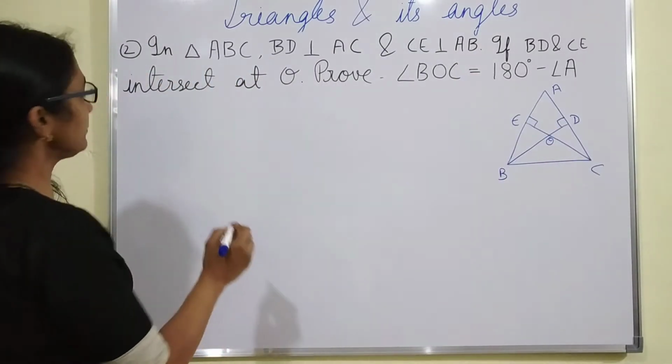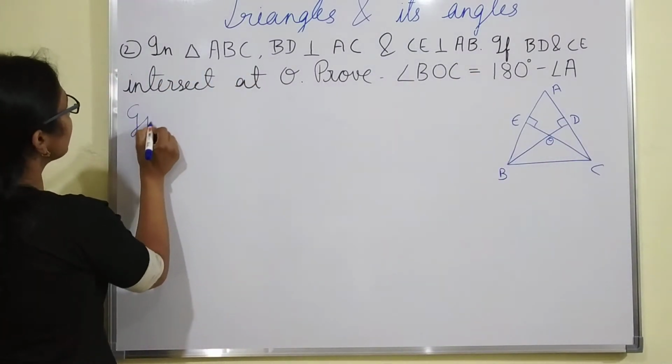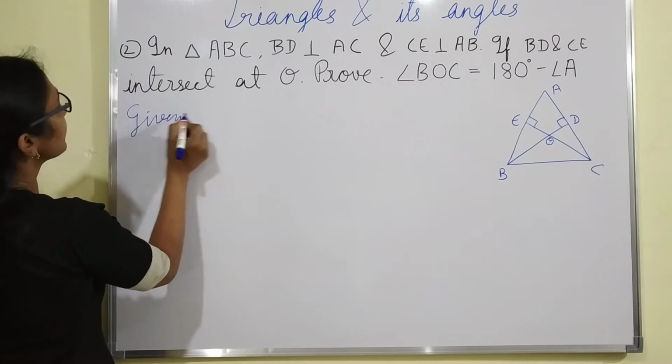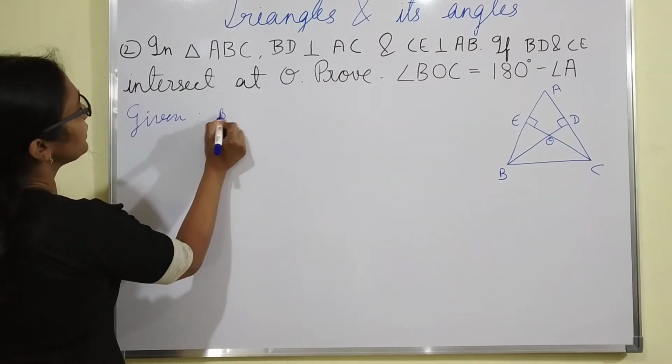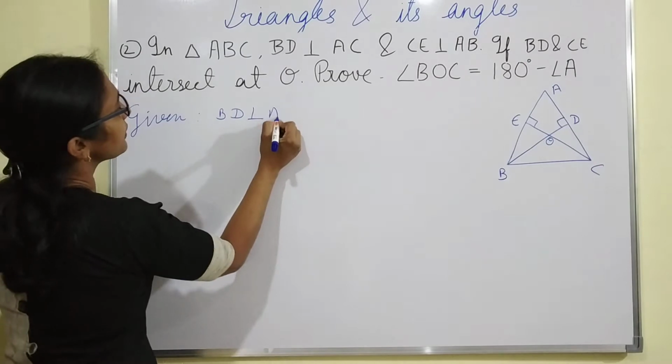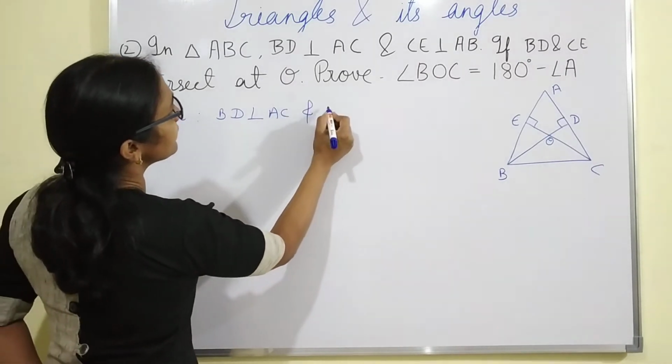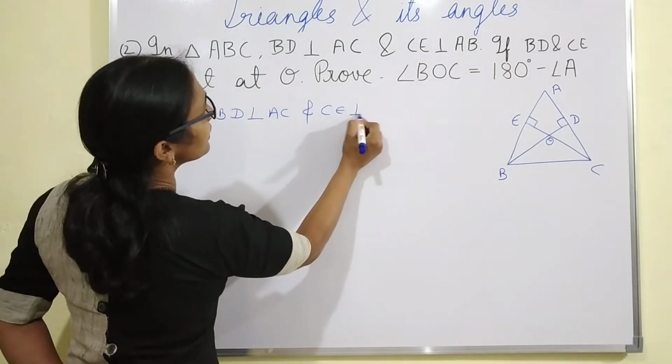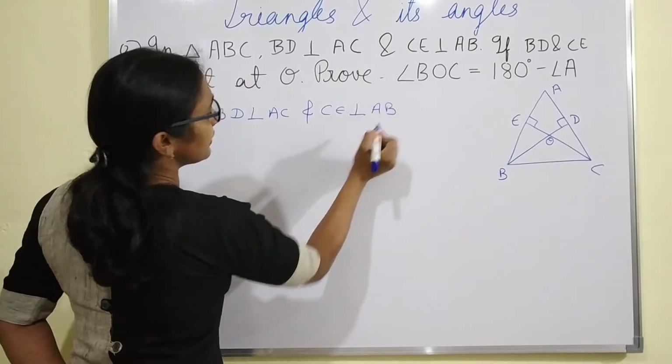Okay, so what is given? Given BD is perpendicular on AC and CE is perpendicular on AB.